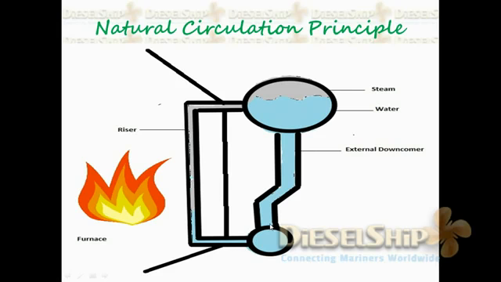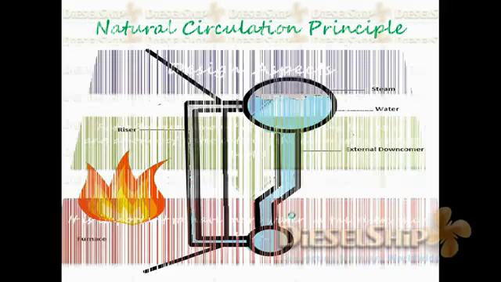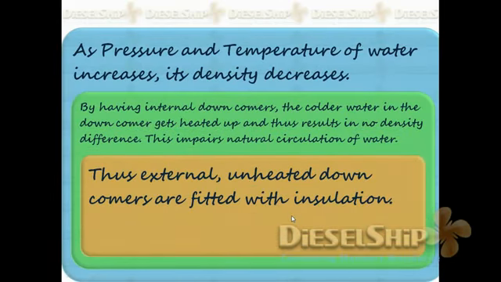So let's see the advantage of having an external downcomer. In the internal downcomer, the heat of the furnace heats up the water which is coming downwards into the riser tubes. As the water is getting heated up, its density decreases, which means the density difference between the steam formed and the water which is coming down is very small. So the natural circulation is impaired, or affected.